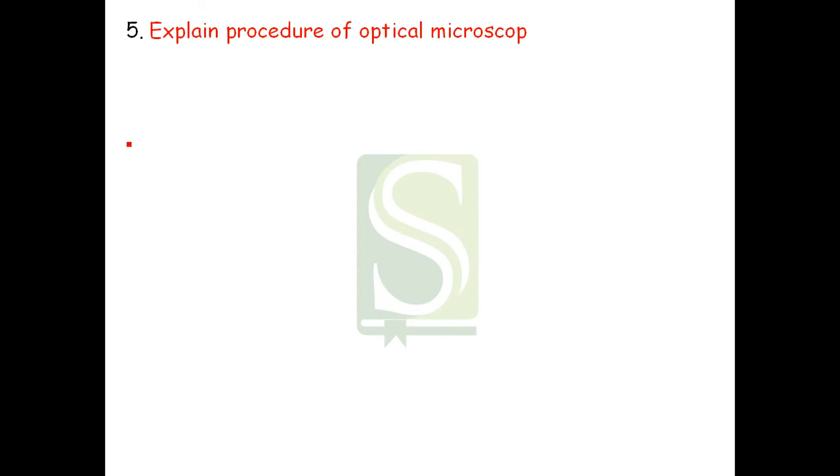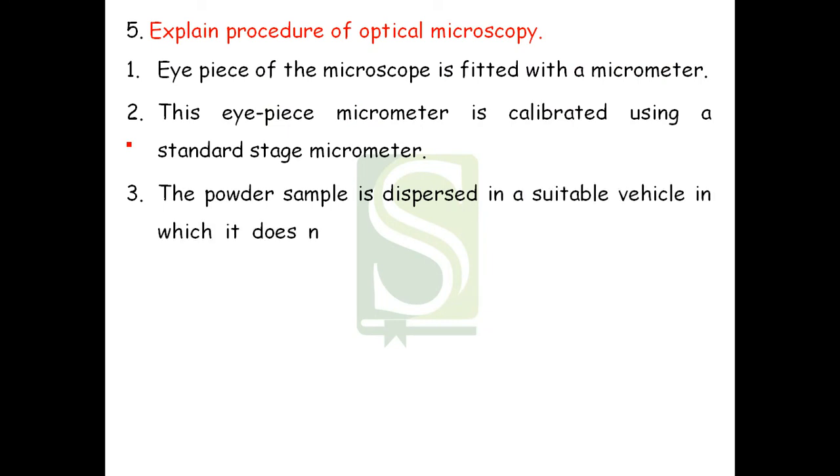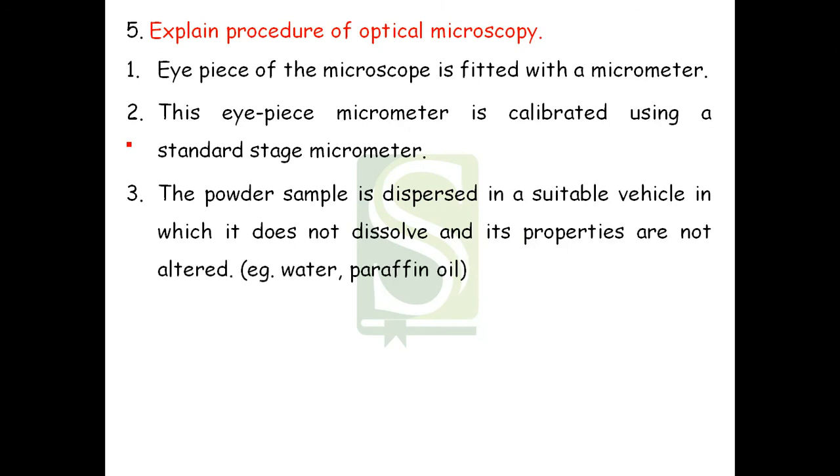The last question most commonly asked is, you have to explain the procedure of optical microscopy, because in this case calibration of the eyepiece is very important. Sometimes you'll be asked to write a note on calibration, or to explain calibration of the eyepiece. So the procedure is, the eyepiece of the microscope is fitted with the micrometer.